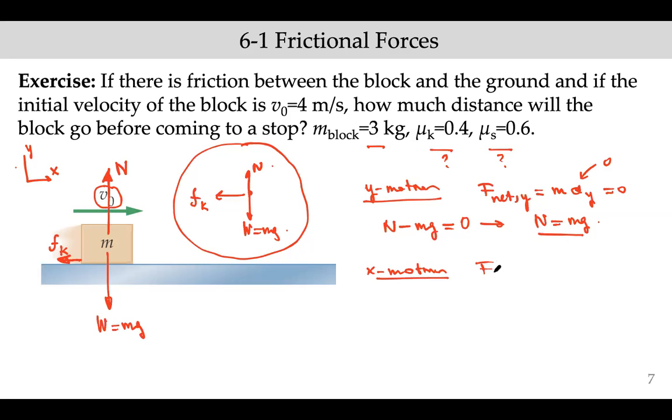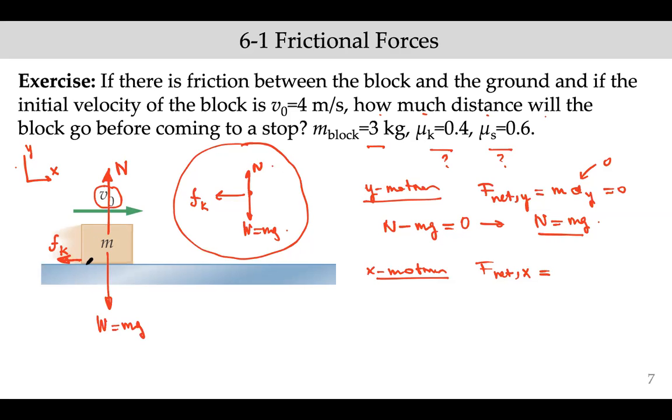So now we are going to have F net x equals. By the way, what was the question? The question was how much distance will the block go before coming to a stop? Because there's friction, it has some initial velocity. It will go some distance and stop, right? Because the friction force is pulling it in the opposite direction.